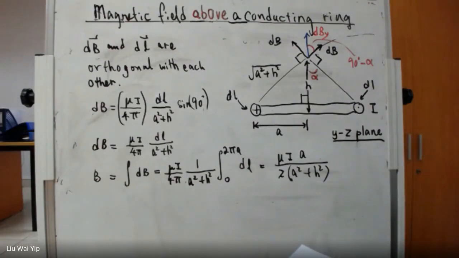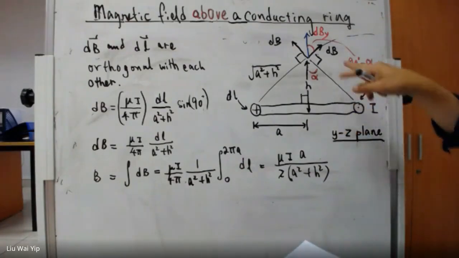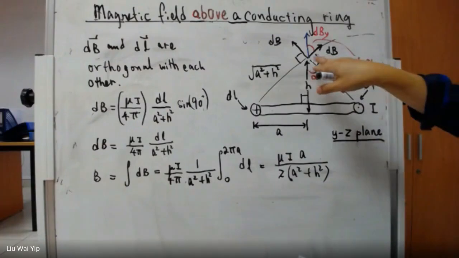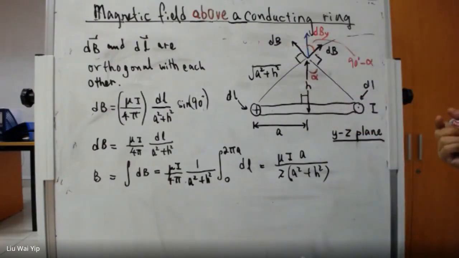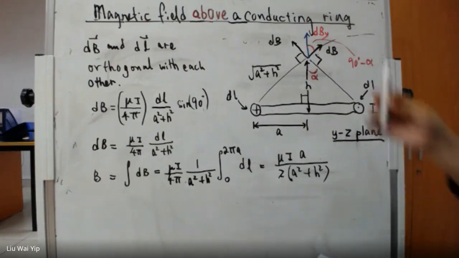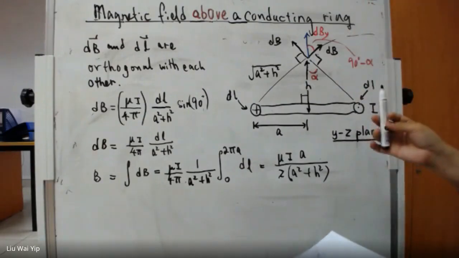As I already said, the horizontal component of dB will be 0. The only magnetic field that is available will be in the vertical direction, the z direction.